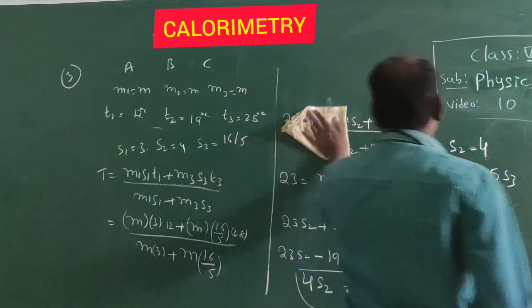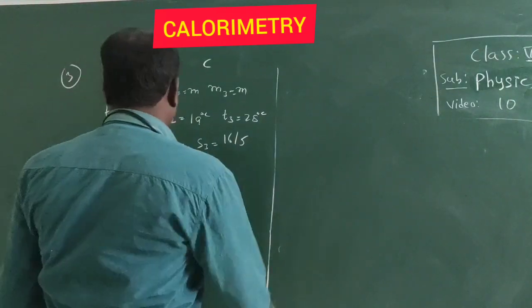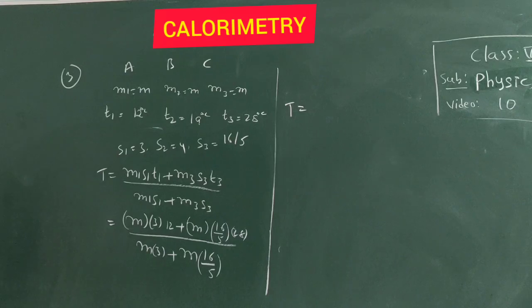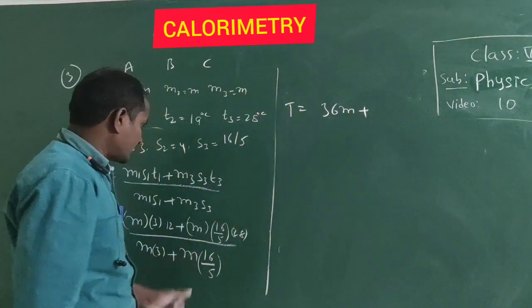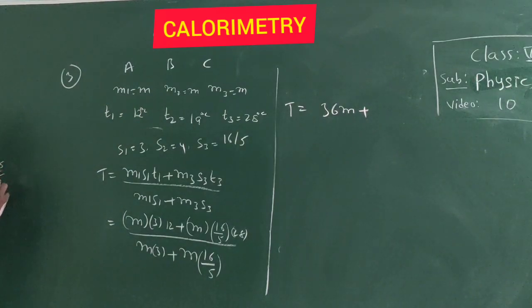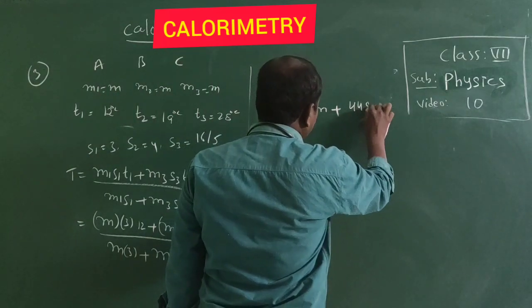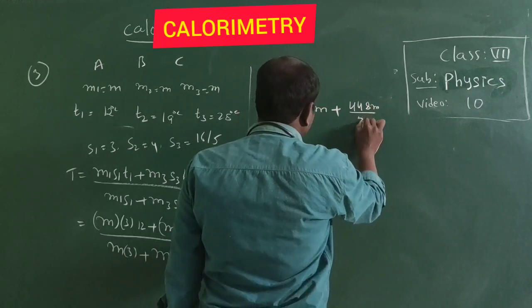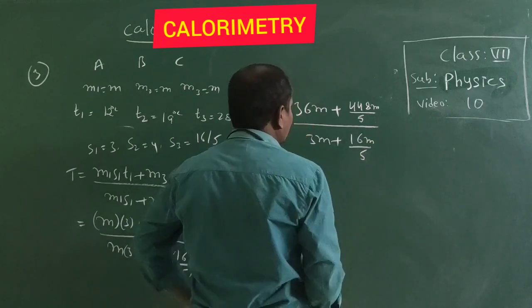Then the resultant T equal to 3 into 12, 36M, plus 28 into 16, that is 448M by 5, over 3M plus 16M by 5.